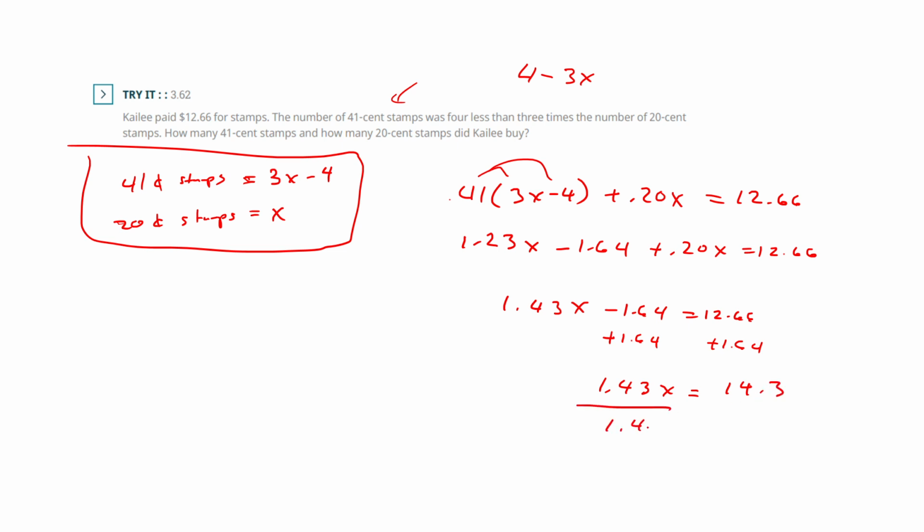Now, get the x alone. Alright, so x turned out to be 10. Now that was the 20-cent stamps, but we need the other one as well, which is 3 times 10 minus 4. So we've got 30 minus 4, which is 26.